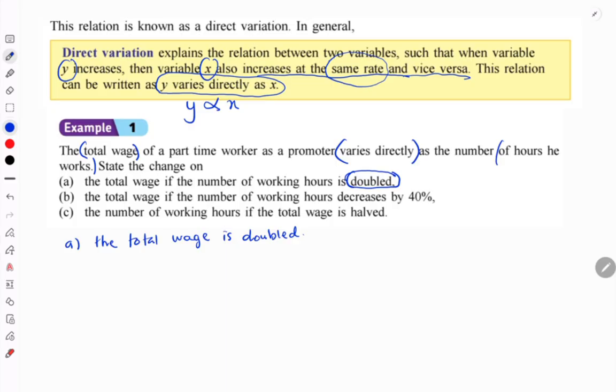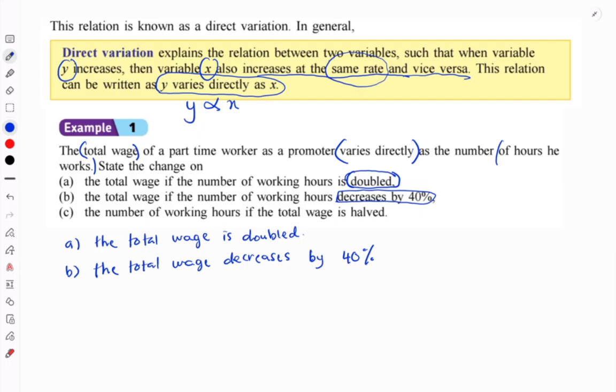B, the total wage if the number of working hours decreased by 40%. That means the total wage also will decrease. Decrease by how much? By 40%. Why by 40%? Because it is the same rate.